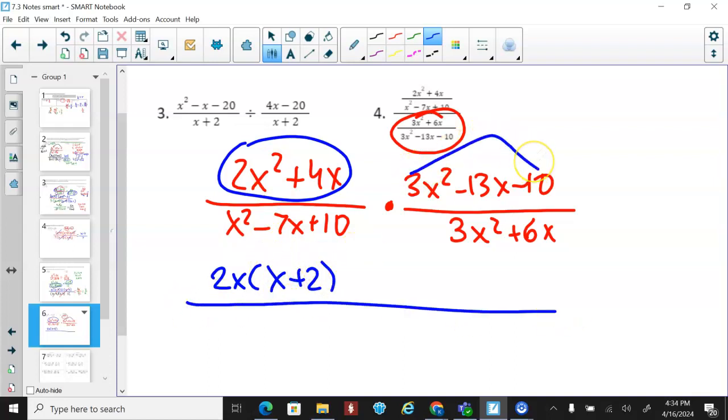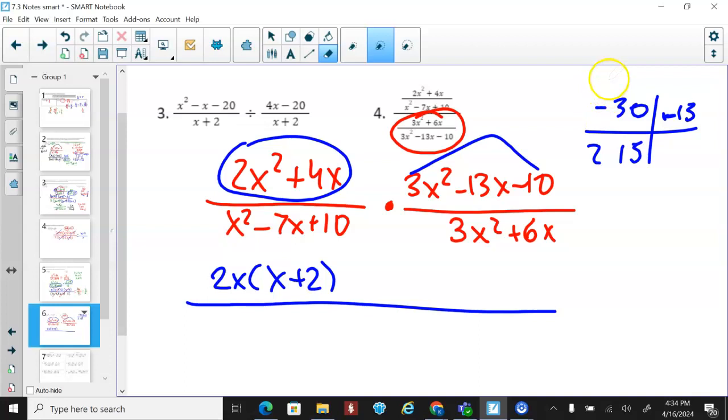Here, I'm going to multiply the first number times the last number, so that's -30 and -13. And this is going to be 2 and 15. Why is it not 10 and 3? It's because they would have to be both negative, and negative times negative will make this 30 a positive, and this 30 needs to be negative. So it has to be 2 and 15, and 15 has to be negative.